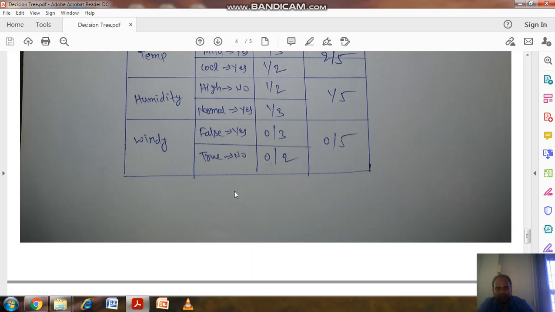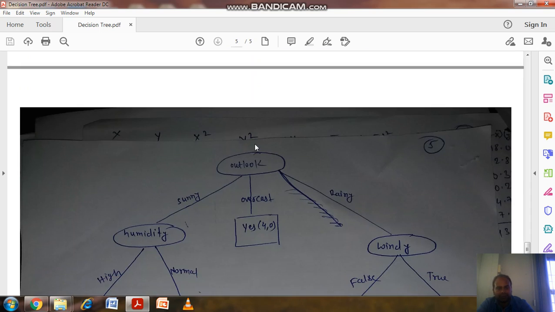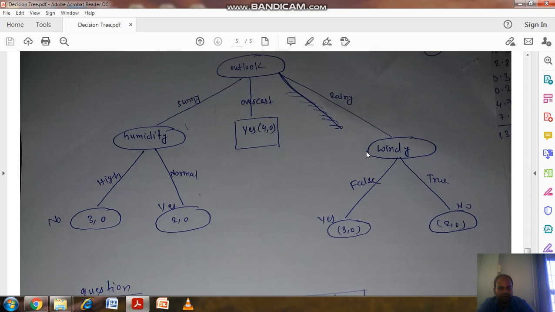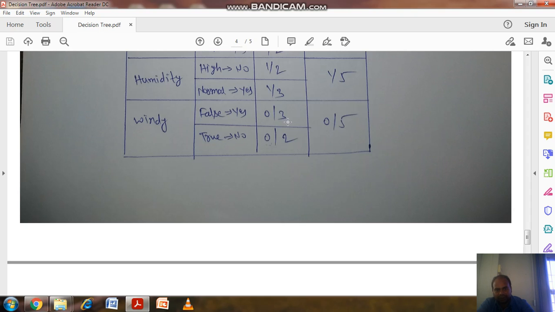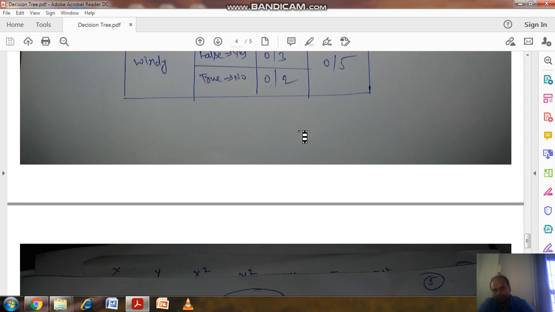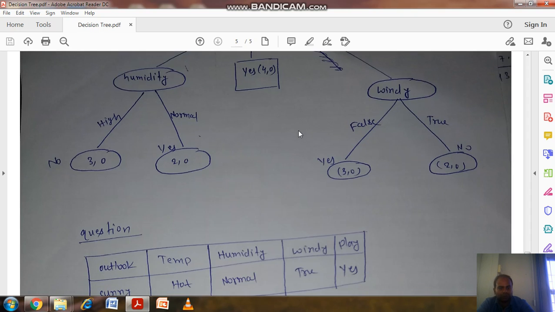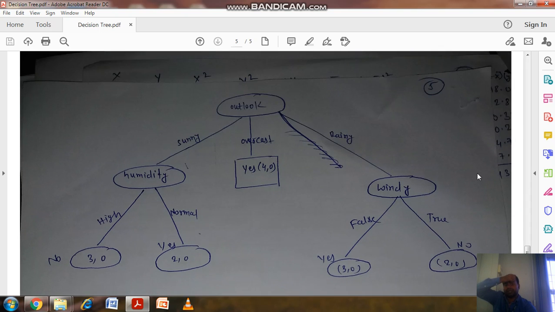Similarly, on the right hand side windy: if windy is false, answer will be yes. If windy is true, answer will be no. So false corresponds to 3 yes and true corresponds to 2 no. So this is our final decision tree.